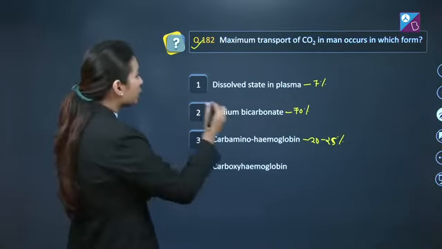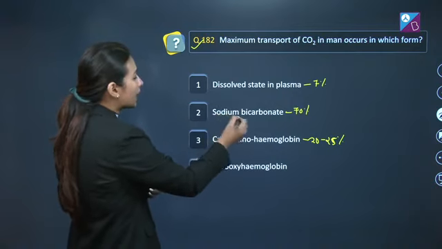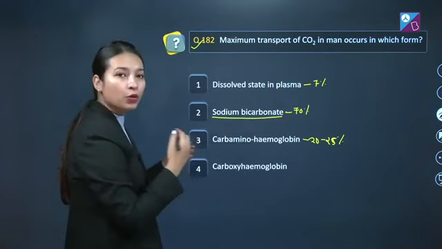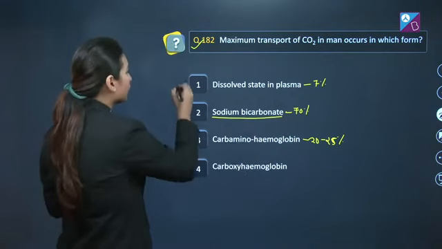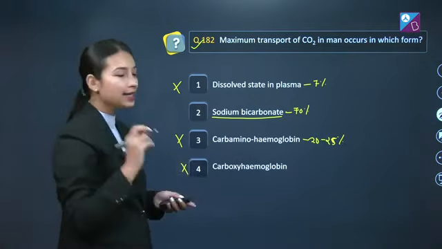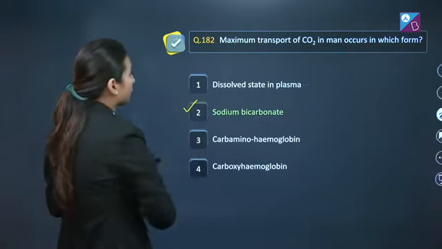So here you can see that the maximum transport of CO2 in man occurs in the form of sodium bicarbonate. So that's why option number 1, 3 and 4 are incorrect, and a correct answer here is option number 2.